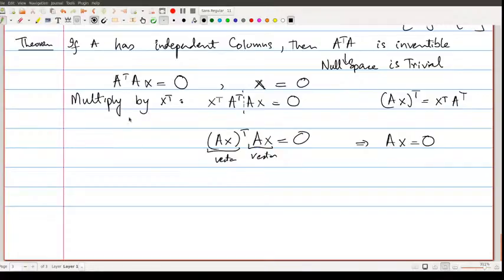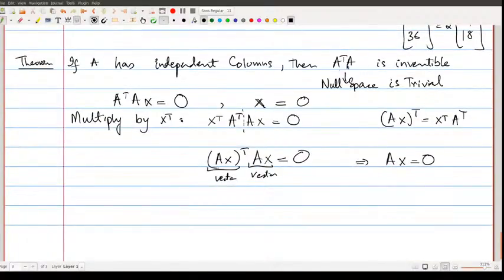Okay, so let me just recap what the reasoning was. The reasoning was that if I want A transpose A to be invertible, I need to ensure that it only has the trivial solution in its null space. So I need to ensure that the only solution to this system is when x is equal to 0, right? And the way I did that, I just took x transpose and multiplied it by both sides, and I got to the point that I must have A times x equal to 0.